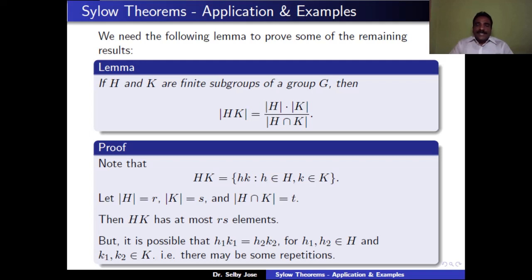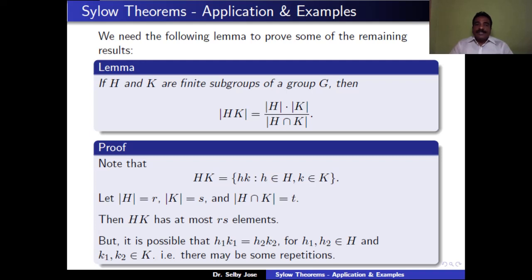By definition, HK is equal to the set of all elements of the form small h into small k, where small h belongs to H and small k belongs to K. So let the order of H be r, the order of K be s, and the order of H intersection K be t.